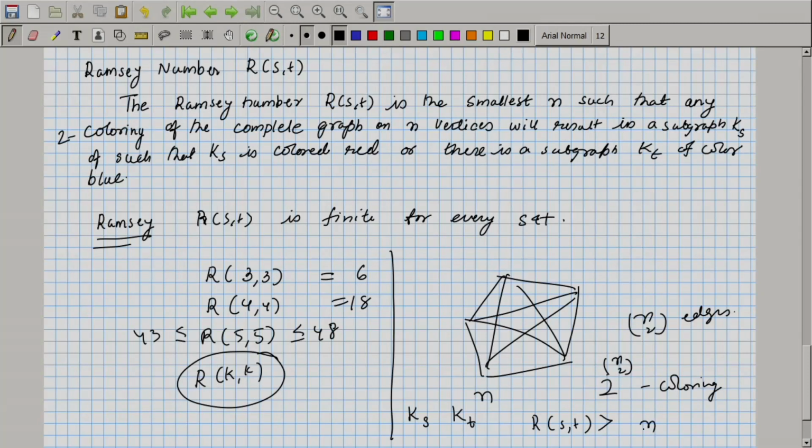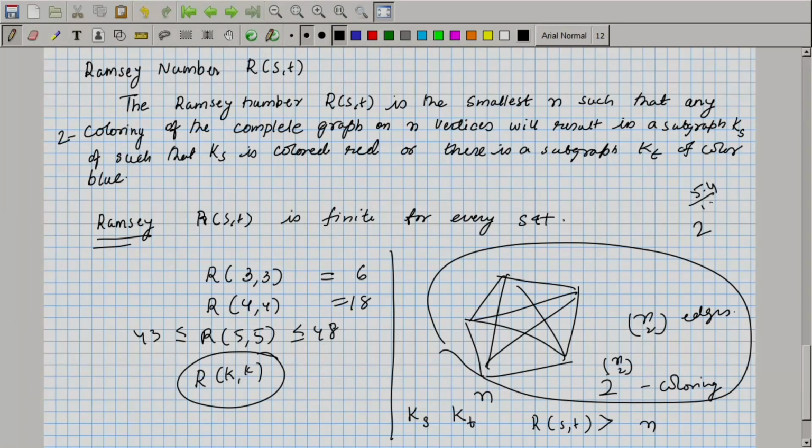Clearly, we cannot carry out this computation. For R(5,5), we know it lies between 43 and 48.